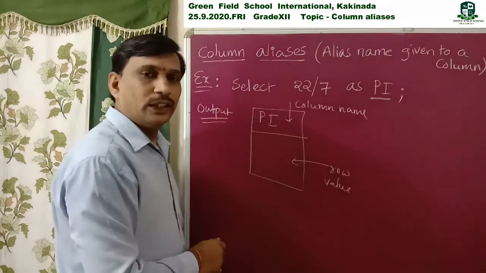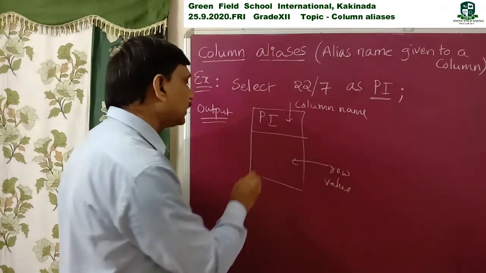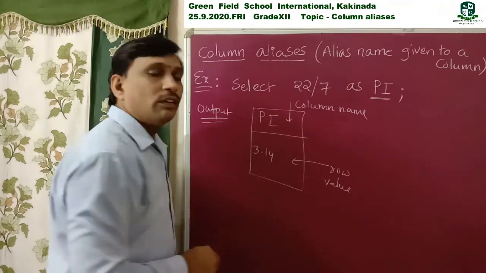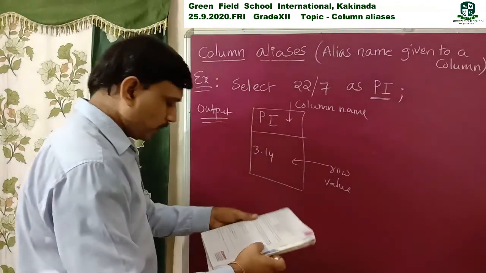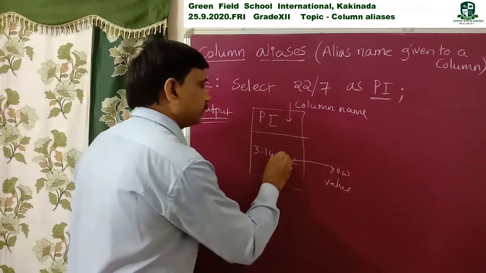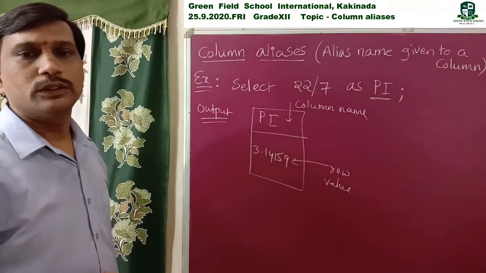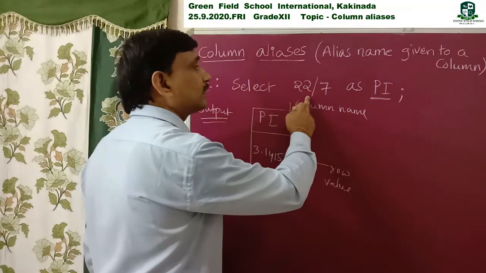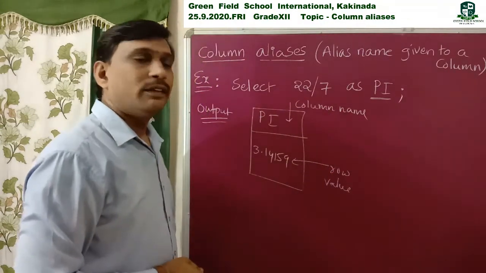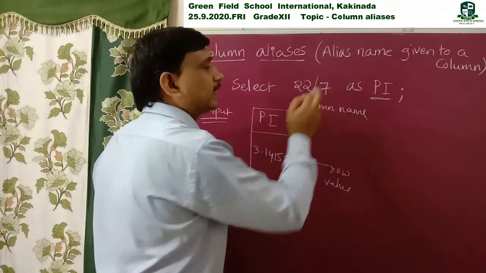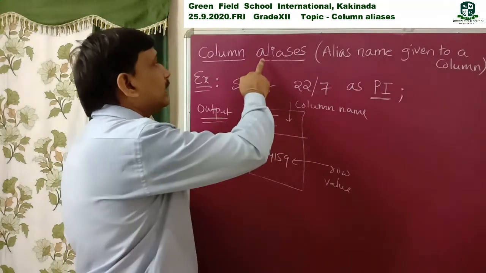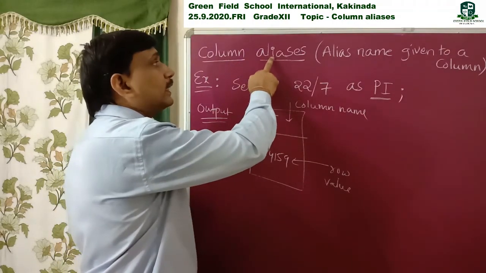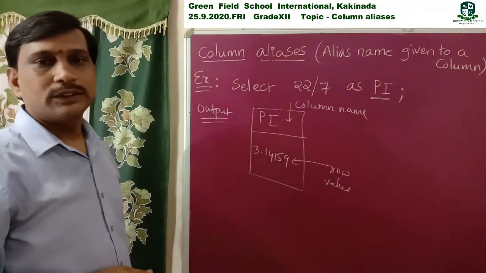Here the 22/7 value is 3.14159. This is the output. In this way we write calculations and any column names, and by using the AS keyword we replace our column names with alias names. That is the concept.